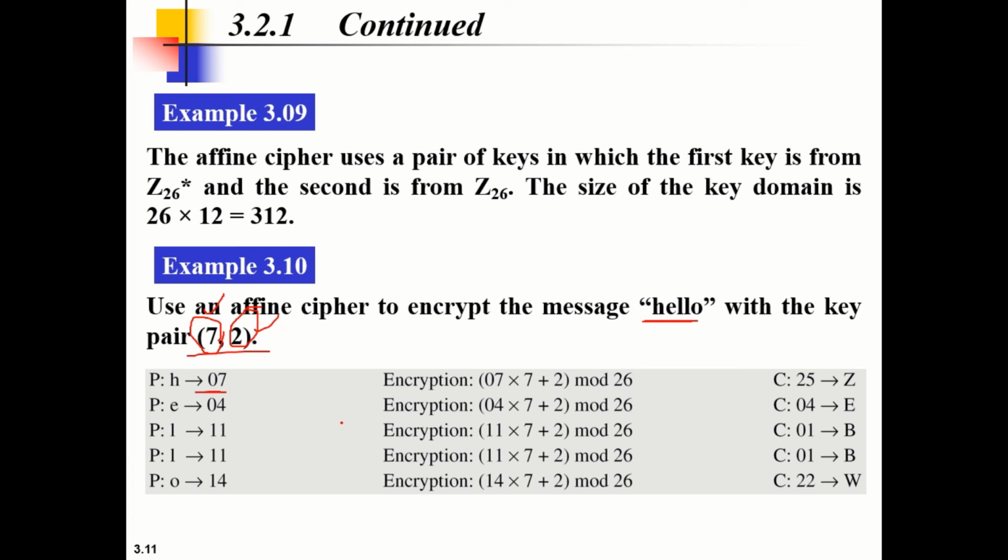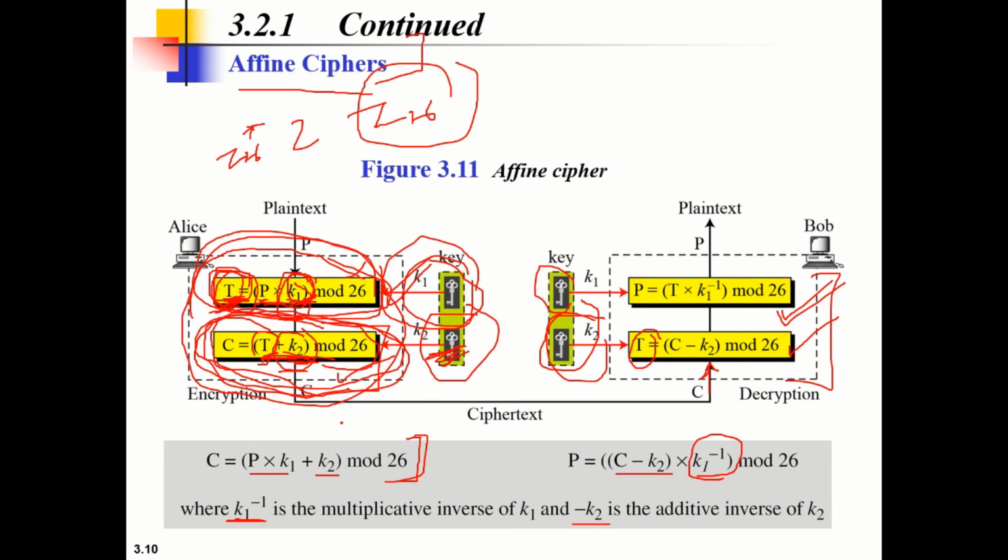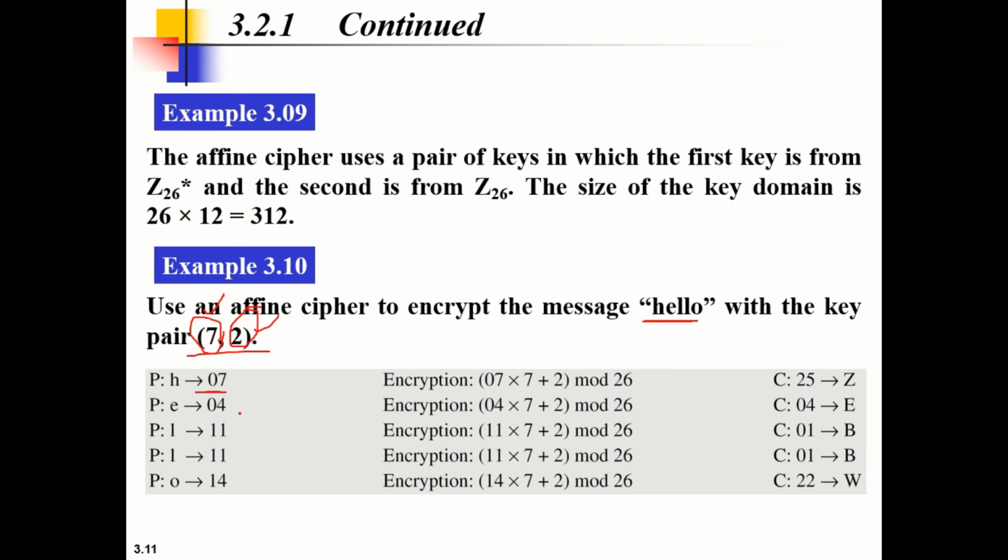The expression was P into K1 plus K2. Here the value of P is 7, so 7 into K1, which is 7, plus K2, which is 2. As a result, we get 25. We check the corresponding value in the ciphertext in the very first table, and we get Z over here.